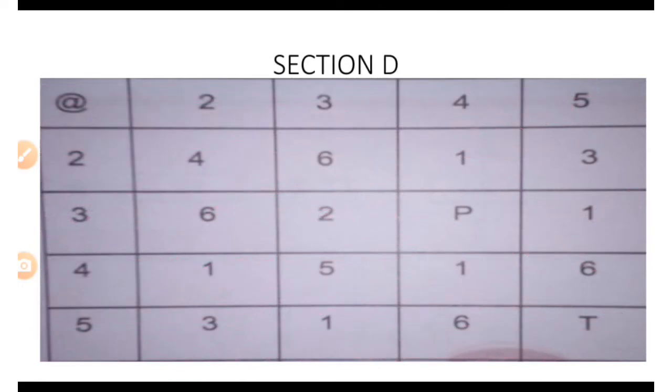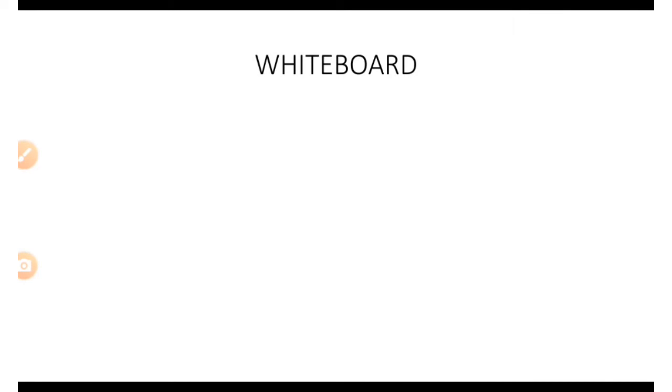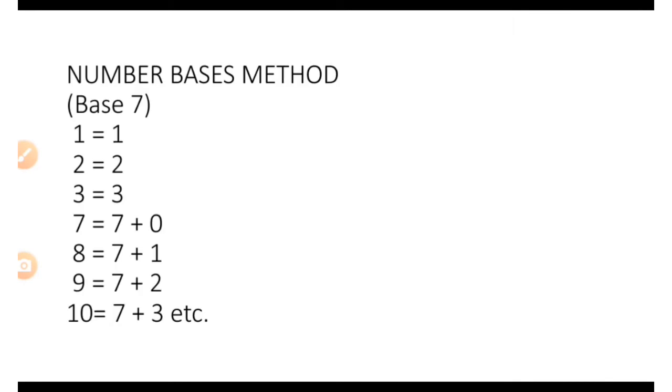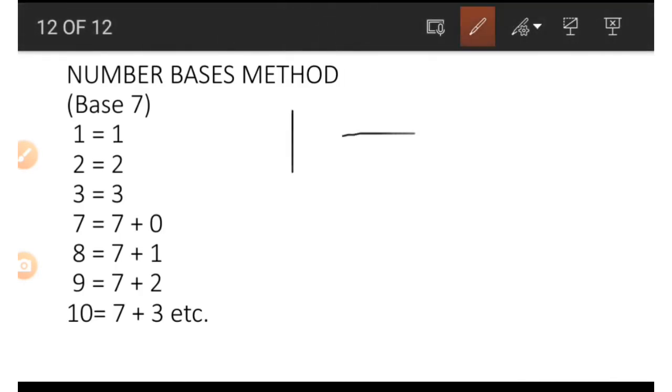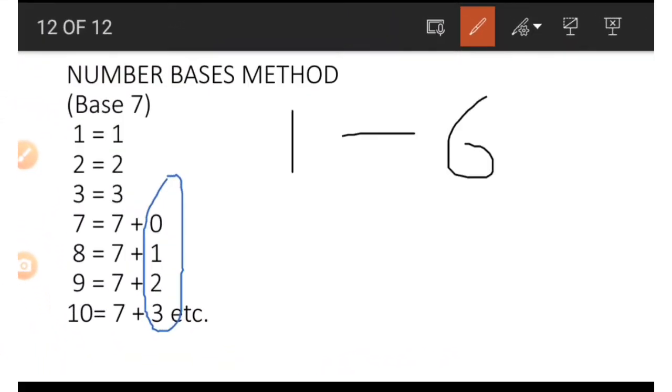Let's look at the last section, section D. This table is called a modulo table. It makes use of number base. This particular one is number base 7, and numbers from 1 to 6 are written as 1, 2, 3, 4, 5 or 6, but numbers 7 or above are written as extra.